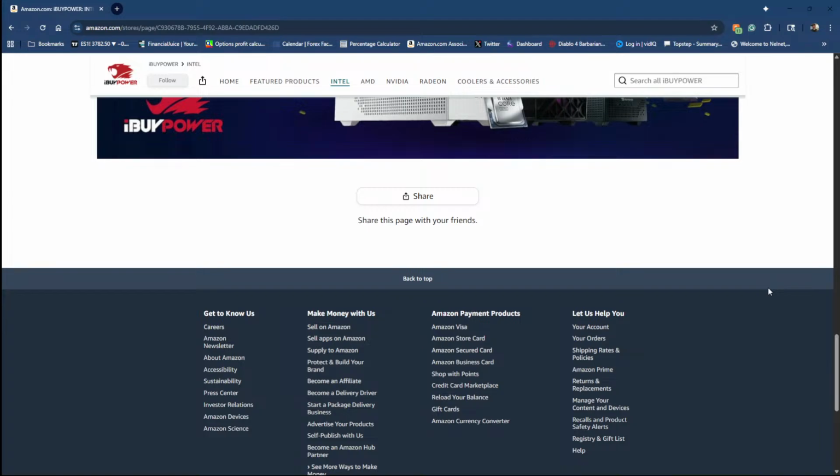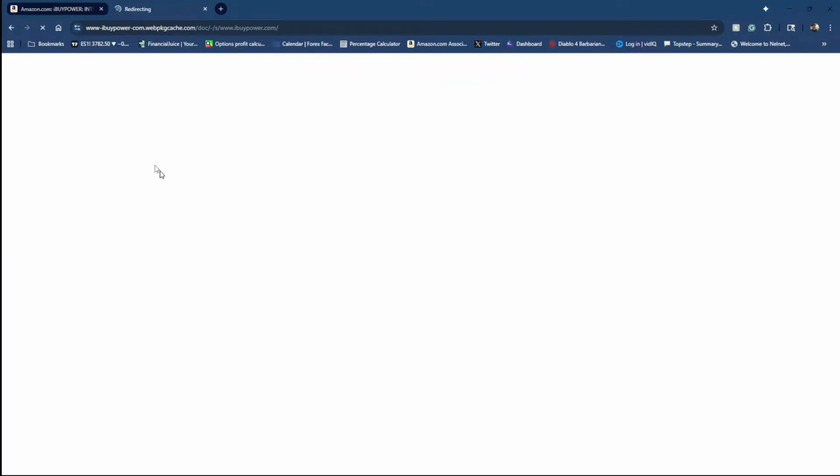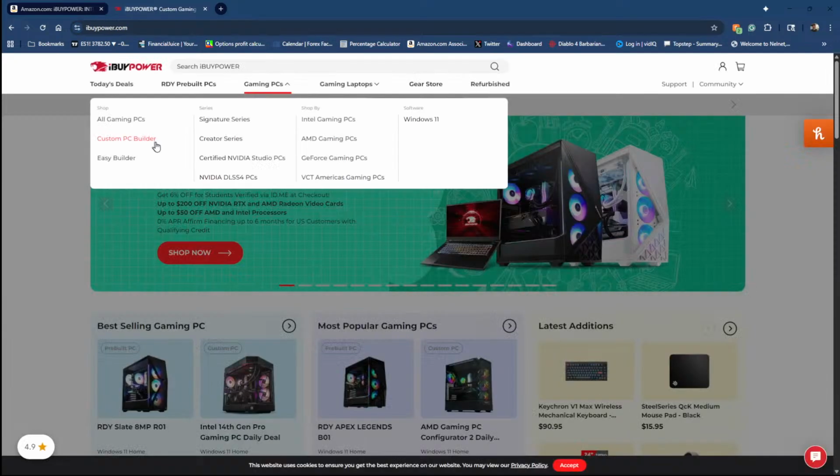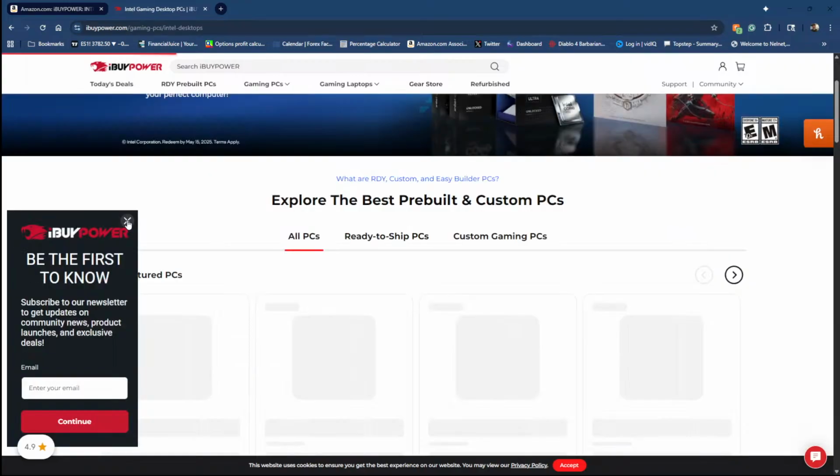I know sometimes as well, if you have a Costco membership, they'll have their PCs there as well. But so... why is this just not loading? I think I need to go restart my internet.